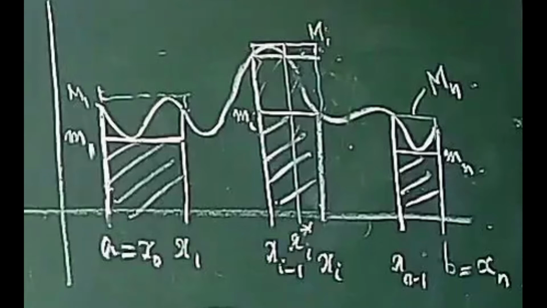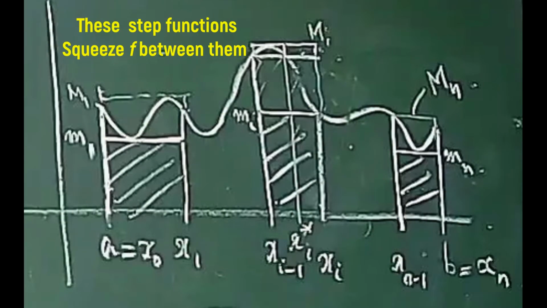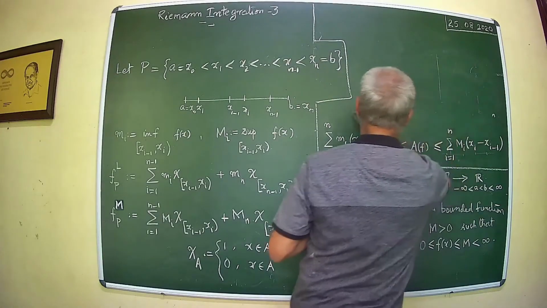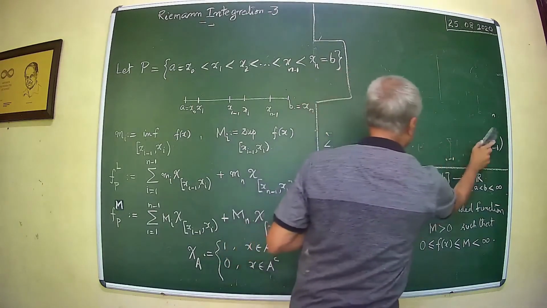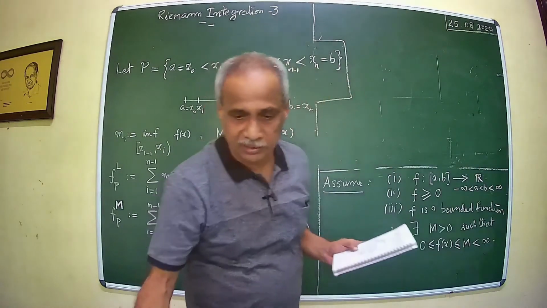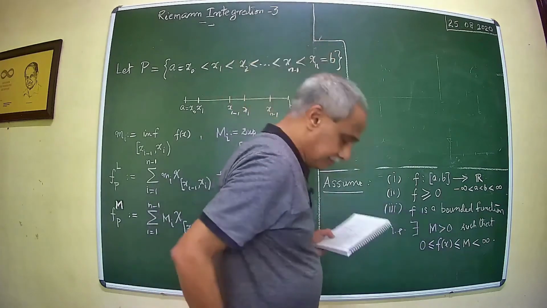So now what we want to do, so we got two step functions, and these step functions squeeze the function f between them. Okay? Now let us compute the areas corresponding to this. So we immediately infer the following. We have the inequality, and these are little things that you have to put your hand on and try to prove them.